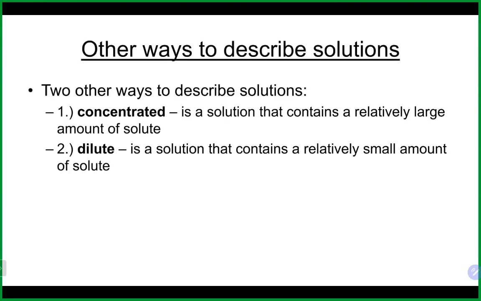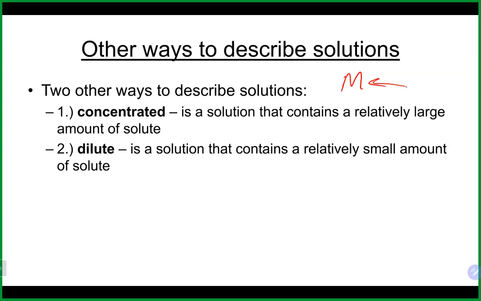Another common way to describe solutions is concentrated or dilute. A concentrated solution has a relatively large amount of solute dissolved in it. We'll talk about molarity, which is a very common unit of concentration. The higher the big number next to the M, the more concentrated it is, really the stronger it is.